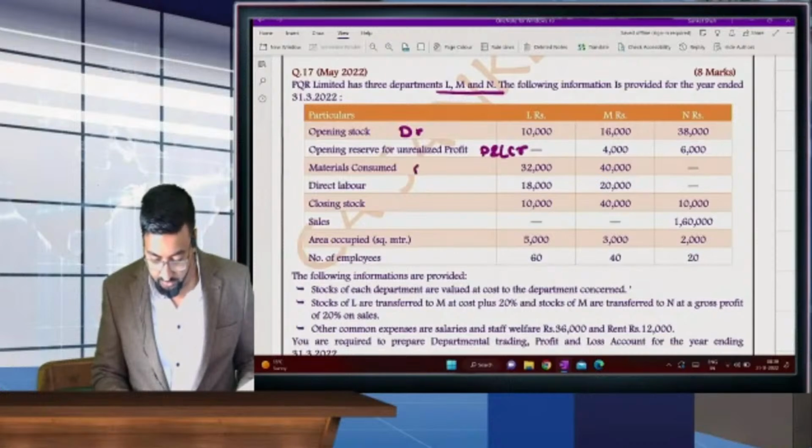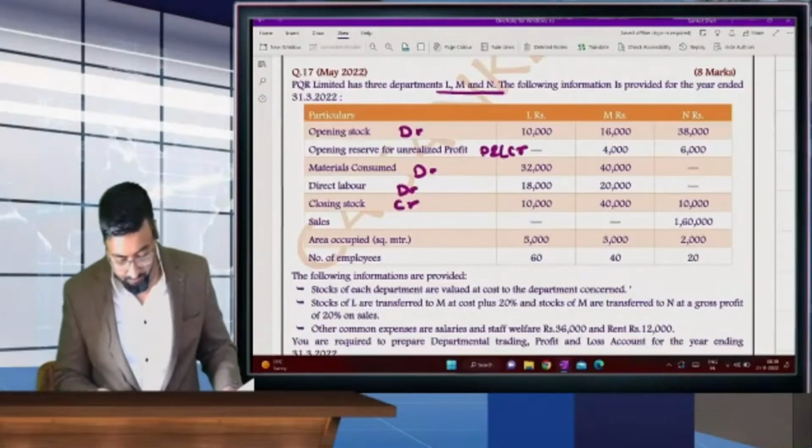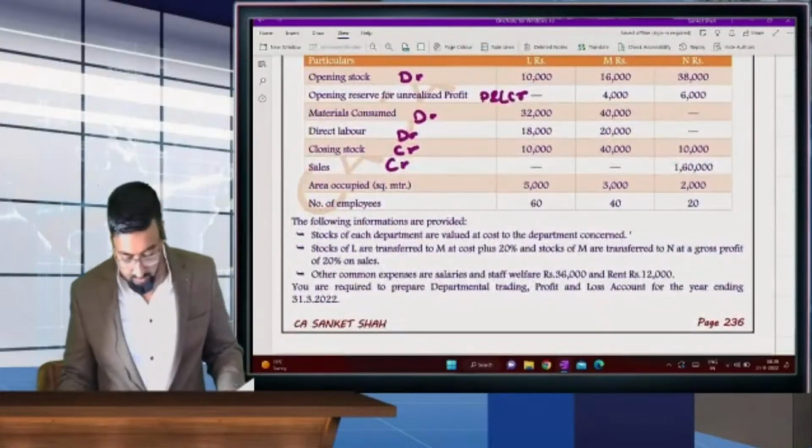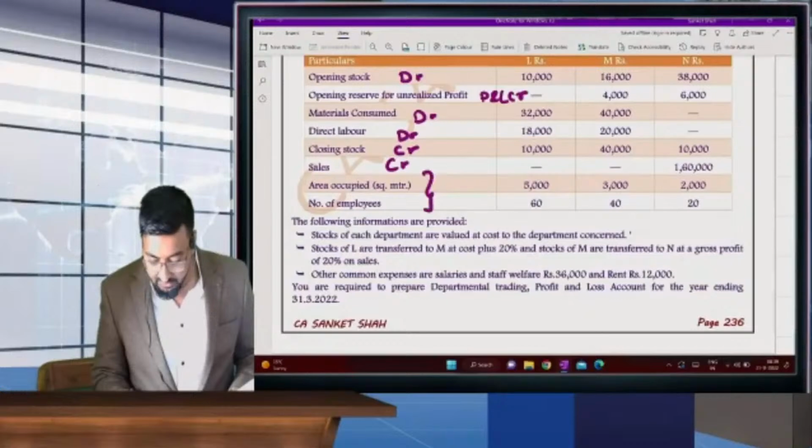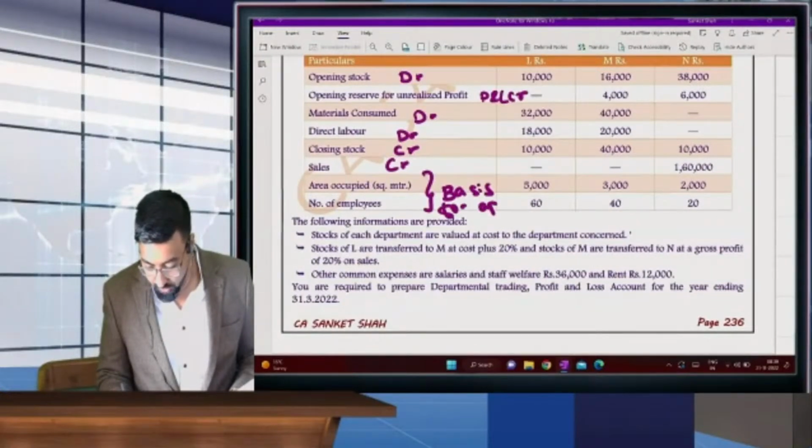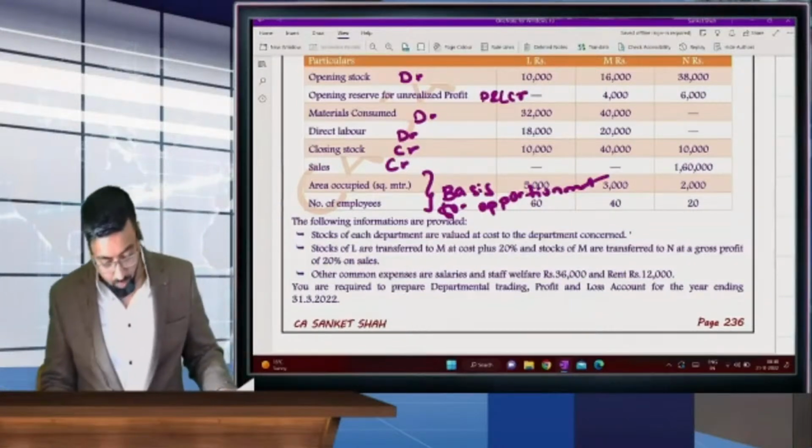Material consumed debit, direct labor debit, closing stock credit, sales credit, area occupied and number of employees is a basis for division, basis for apportionment.